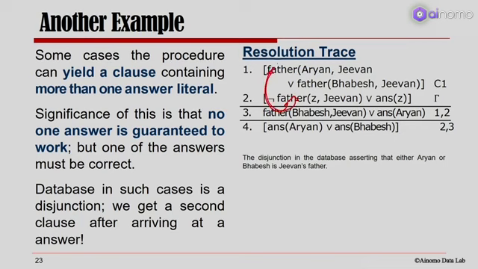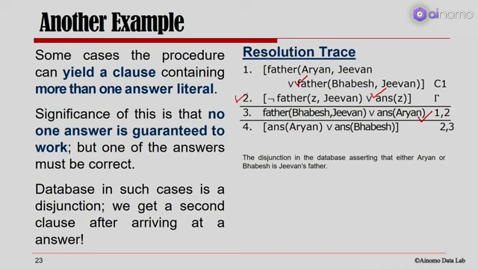That is the complementary pair. I would be left with father Bhavesh comma Jivan and my answer literal. I know Aryan has been substituted for Z, so I have an answer which says Aryan. So, this is my first answer, which says who is the father of Jivan, and that is Aryan.